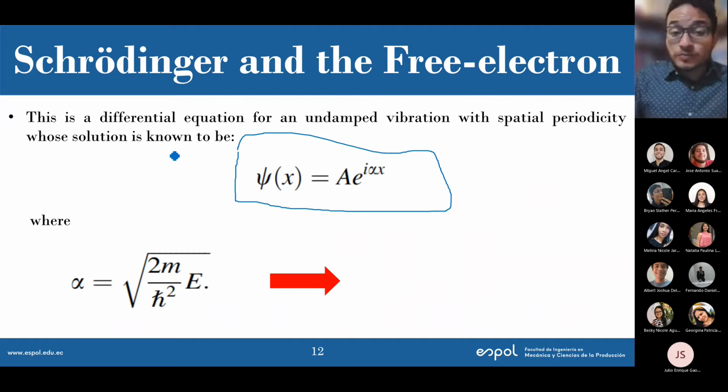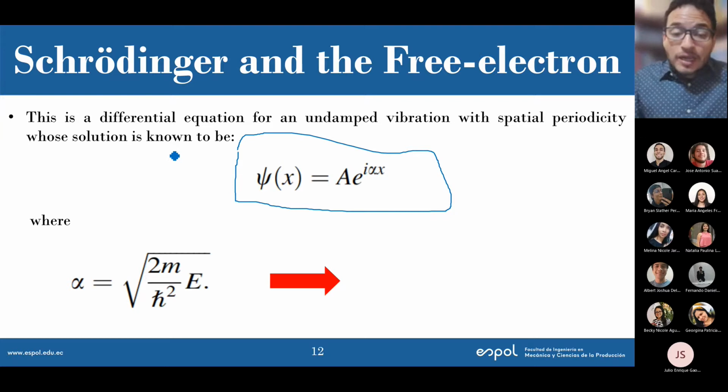But that's the solution. A is a constant, right? The wave function becomes a constant times the exponential of i times alpha times x. X means the position, right? And alpha is the key. What's the meaning of this symbol alpha?